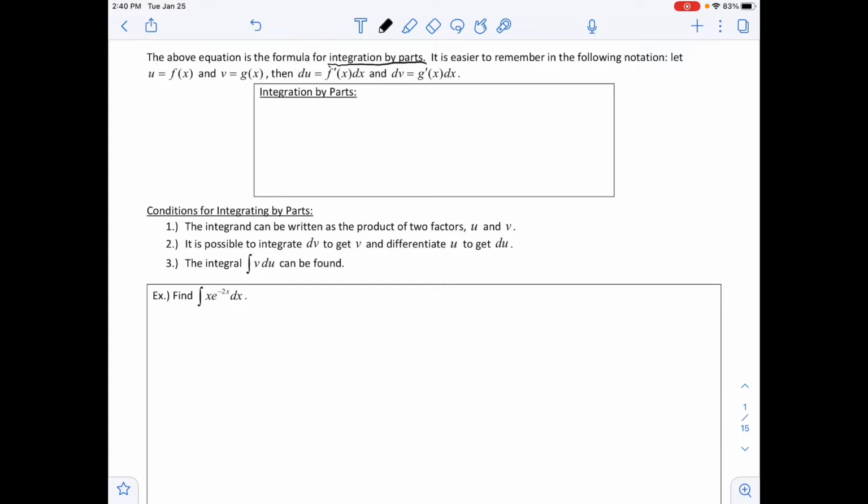So integration by parts, rewriting what we wrote above, is the integral of u dv equals u times v minus the integral of v du. Definitely a formula that we need to know, very useful for Calc 2.